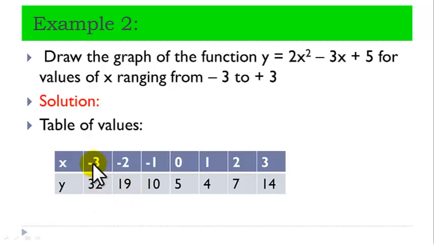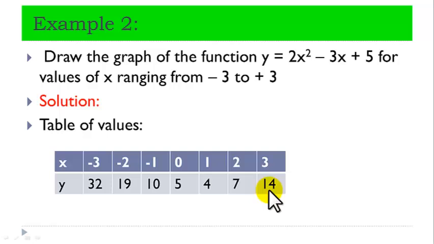When x is minus 3, y is 2 times minus 3 squared minus 3 times minus 3 plus 5, and that will give us 32. When x is minus 2, y is 2 times minus 2 squared minus 3 times minus 2 plus 5, and that will give us 19, and so on until you get to when x is 3, y will be equal to 2 times 3 squared minus 3 times 3 plus 5, which is equal to 14.